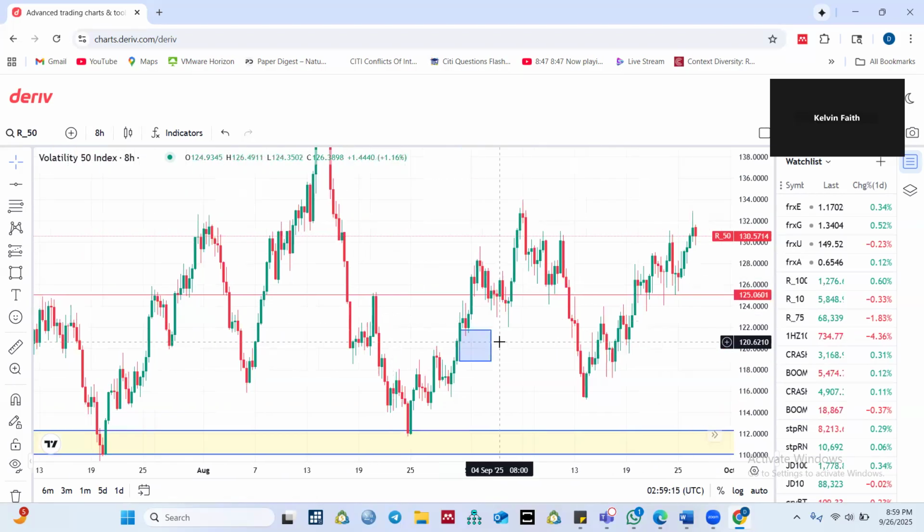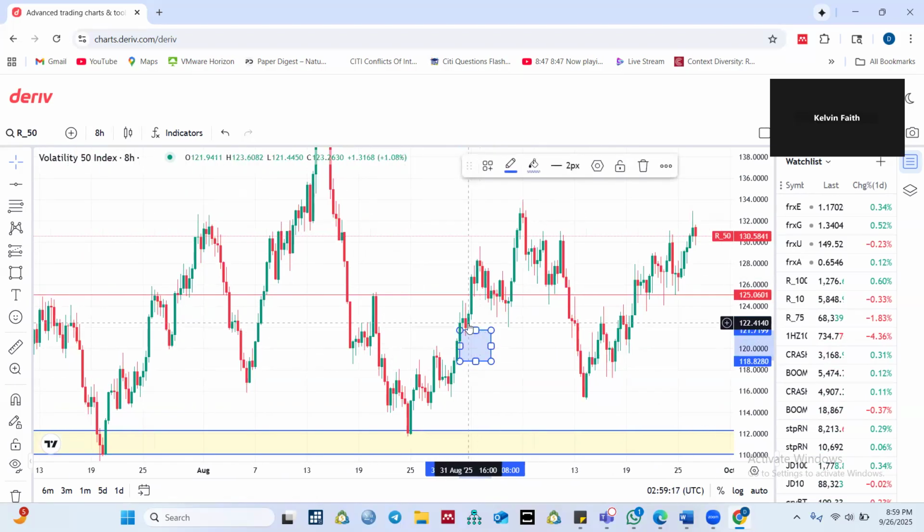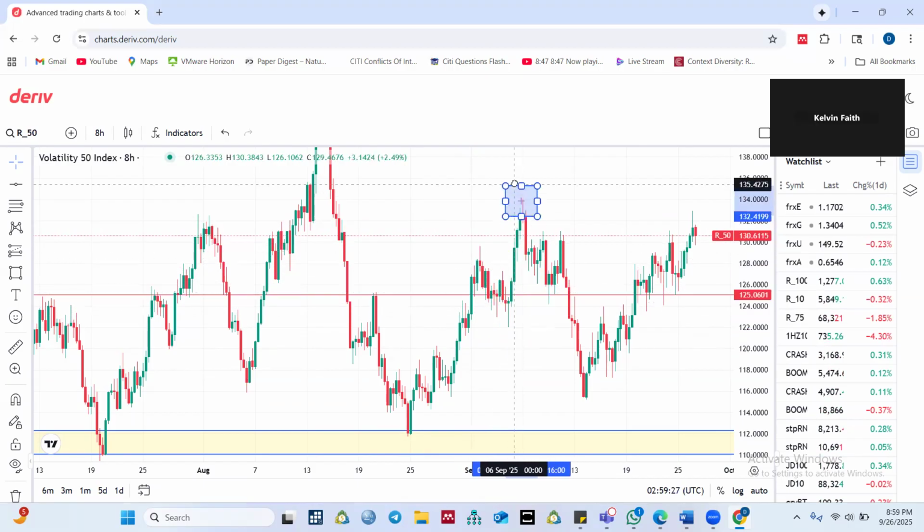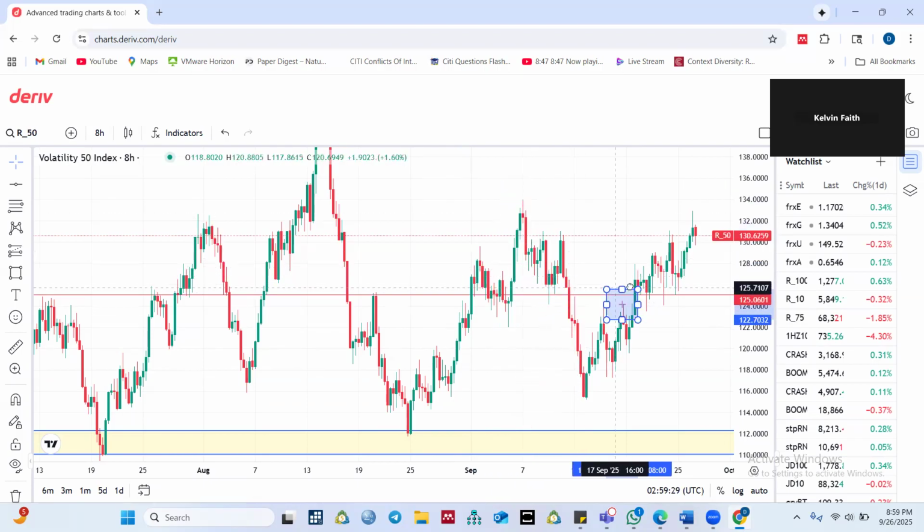Now, if we come this way, a big bullish candle closing above it, moved up, retested, rejected on it, and then bought from it. So we could see that on this line, price is either buying or selling.